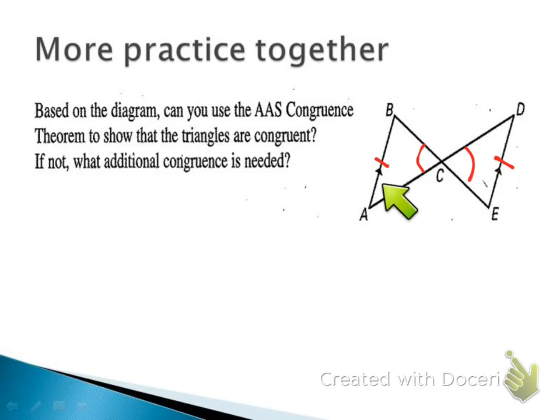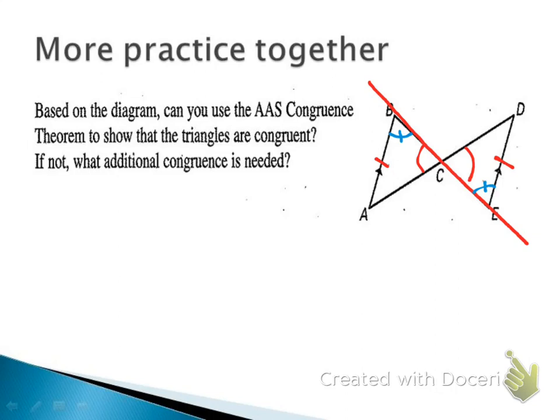It means they're parallel. And when you have parallel lines that are cut by another line, similar to this one, we call that a transversal. And transversals that cut parallel lines create something called alternate interior angles. And those are congruent.